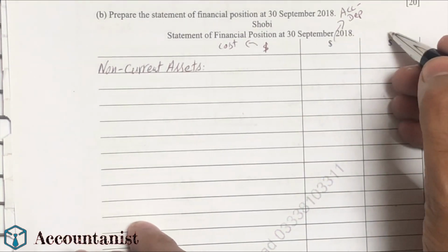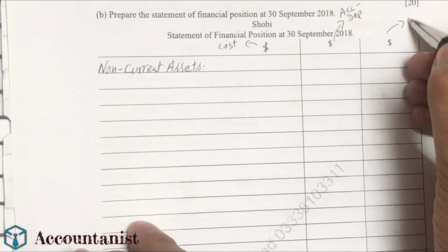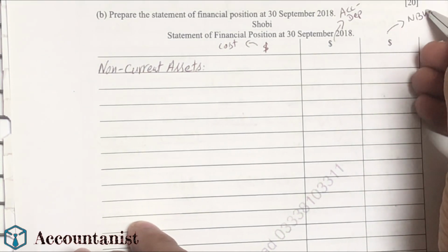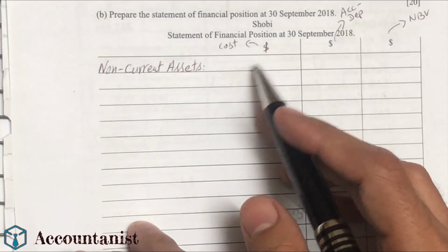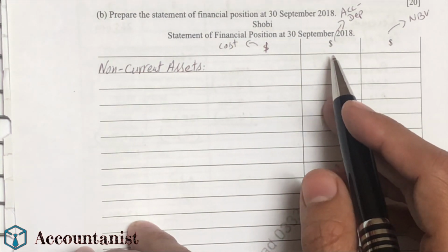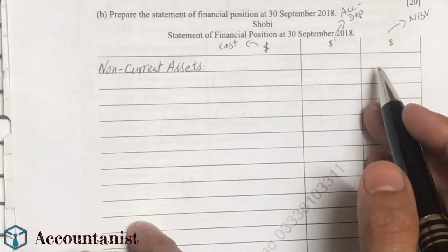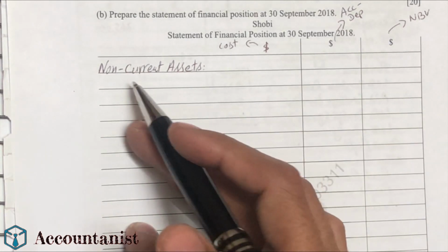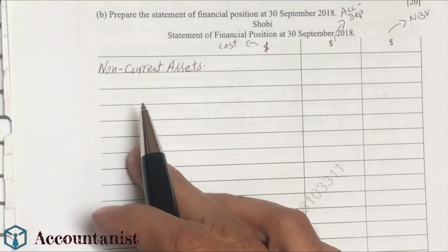The last column will represent the net book value, which means the cost minus accumulated depreciation will give us the net book value. So let's start solving this with the non-current assets.